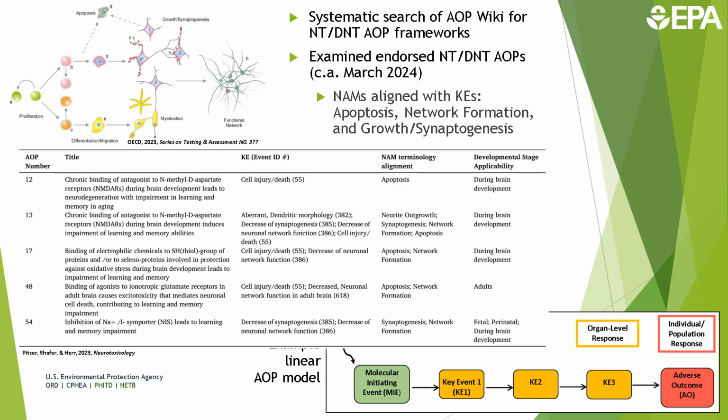From our review, we did find alignment for DNT new approach methodologies and key events involving processes such as apoptosis, network formation, as well as growth and synaptogenesis. Noting this importance in focusing on these key neuronal processes for DNT and neurotoxicity studies. However, this does highlight that there are still several key neuronal processes that are currently not being observed among these key events or in the current AOPs on the wiki site.